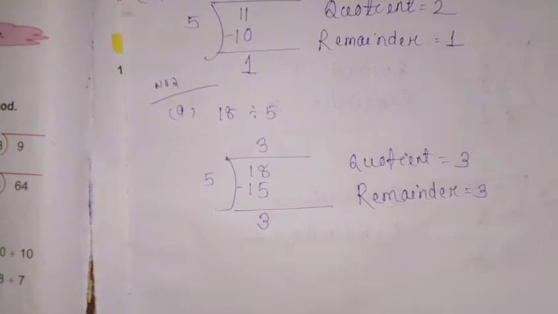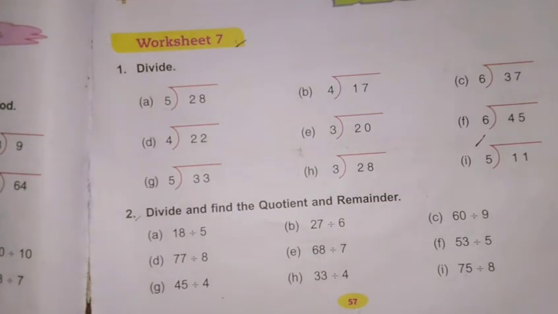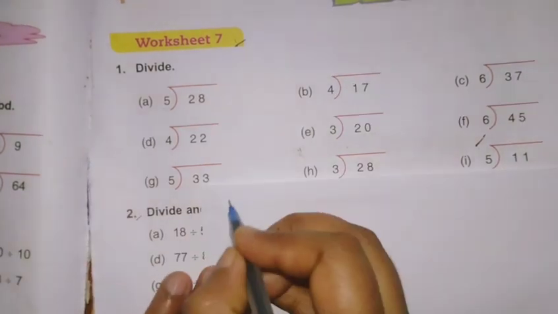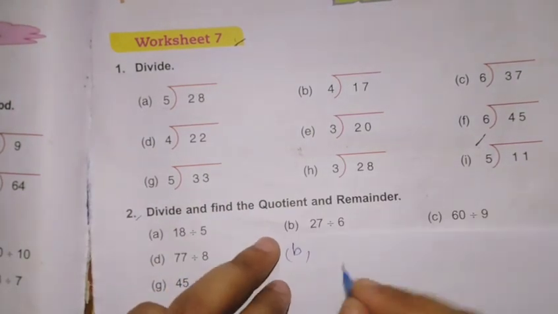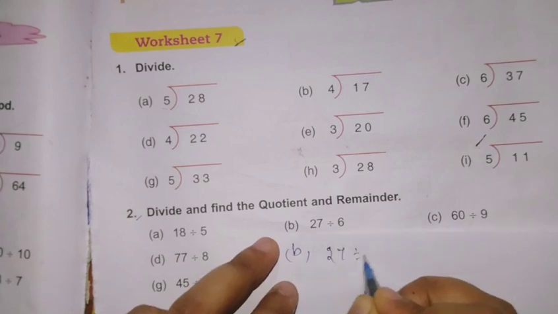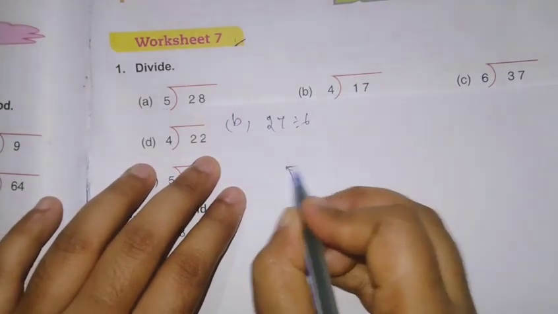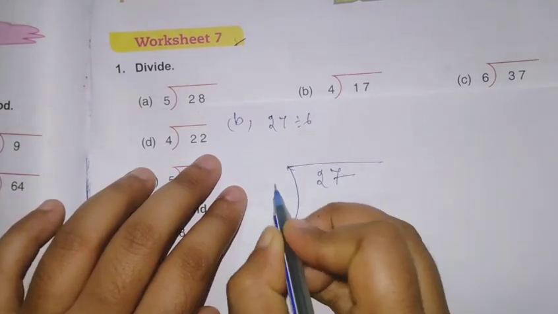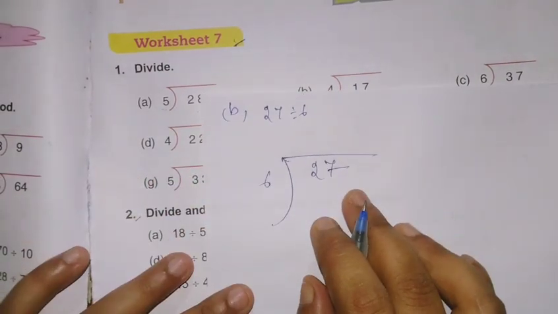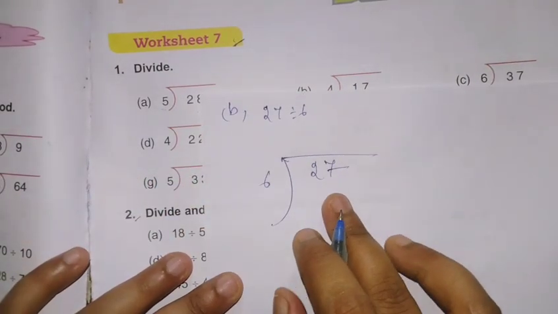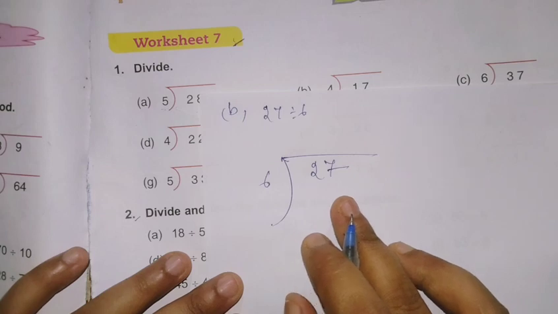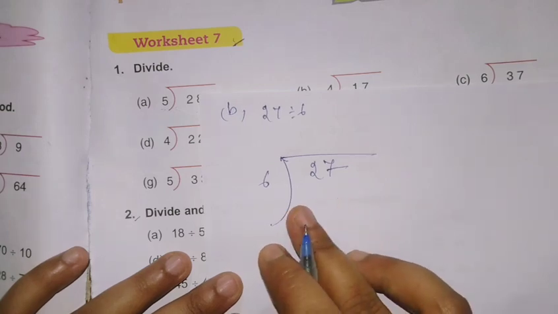Now we solve point b. 27 divided by 6. First, we recite the multiplication table of 6 till we get 27. 27 will not get in the table of 6.